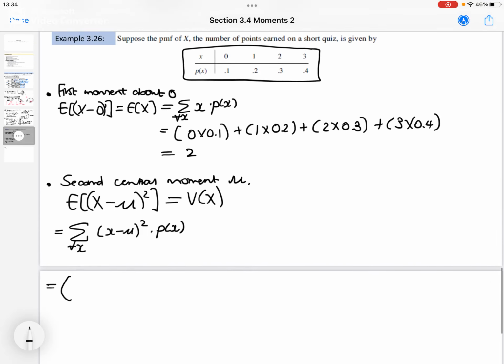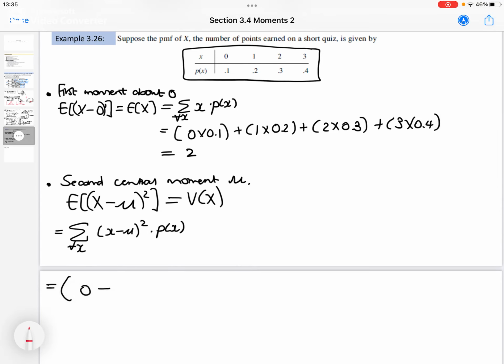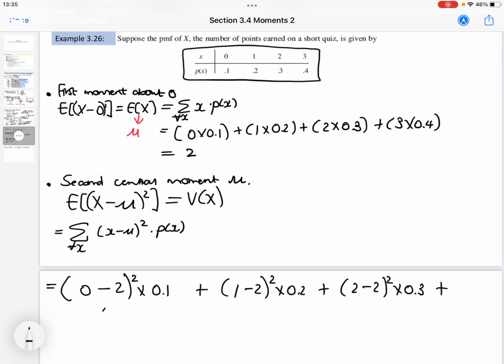Now this is equal to, for the first possible value, we have 0 minus mu. What is mu equal to? In this case, mu is equal to the expected value. And so we have (0 minus 2) squared times 0.1 plus (1 minus 2) squared times 0.2 plus (2 minus 2) squared times 0.3 plus (3 minus 2) squared times 0.4.